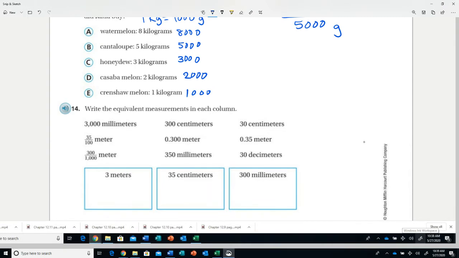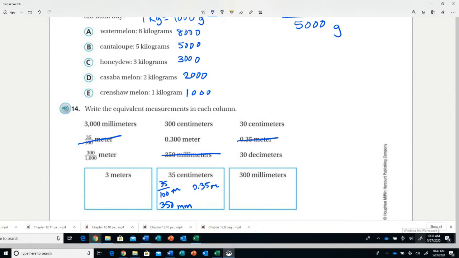So this 35 over 100 of a meter goes to the middle. 350 millimeters goes to 35 centimeters. 0.35 of a meter, right over here. That's kind of easy because the 35 really does tip you off to that. Okay, so let's go back here.